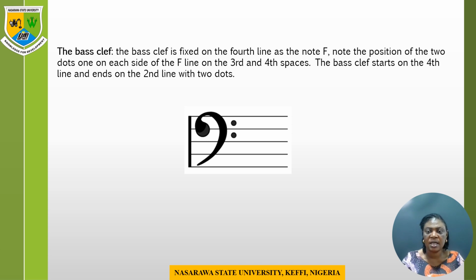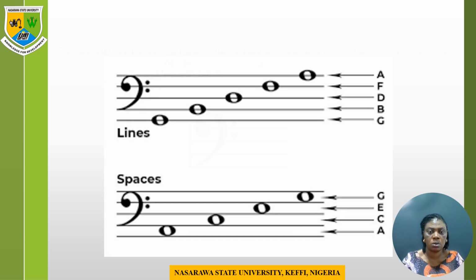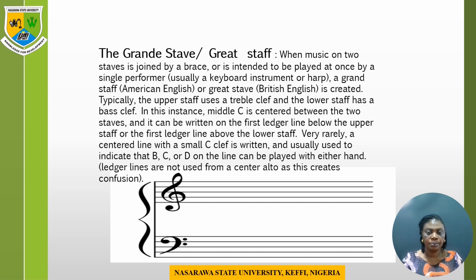The bass clef starts on the 4th line and ends on the 2nd line with 2 dots. And we also have a sample of the bass clef with the notes on them. We have the lines with their notes, and we have the spaces that also have notes on them.